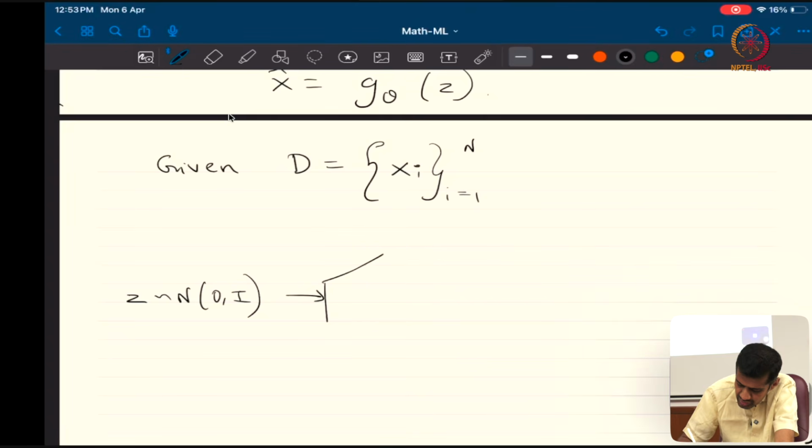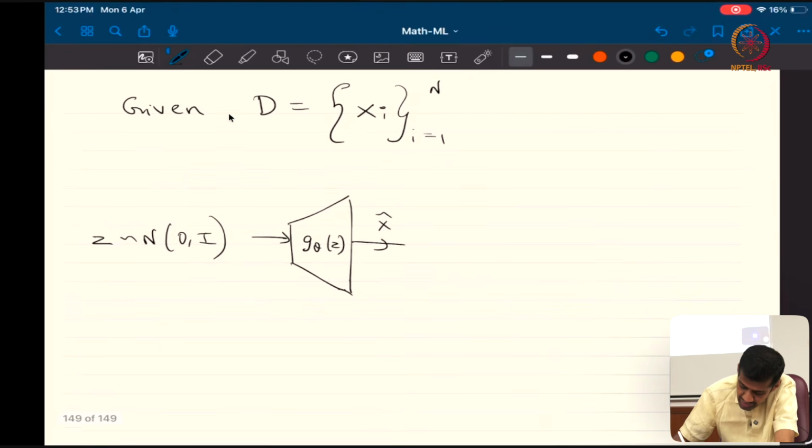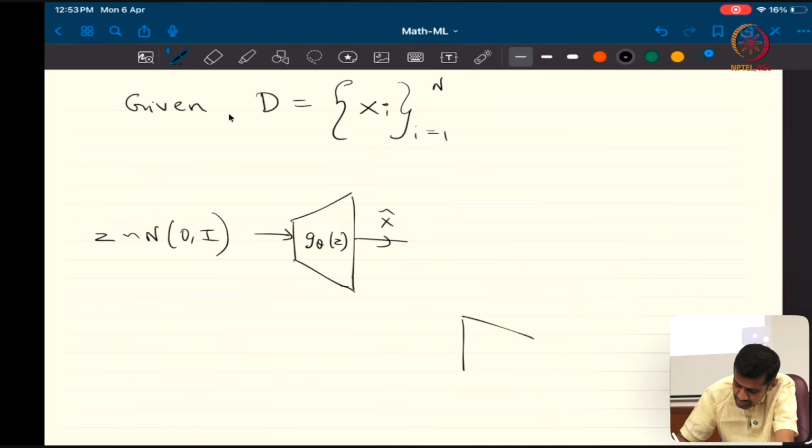We have this neural network which is called the generator neural network, g theta of z, you are getting x cap here, and we have another neural network. This neural network is the one that is used to construct the bound, right.